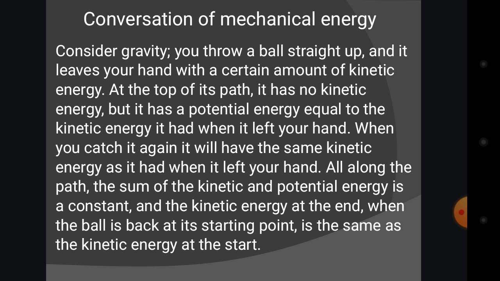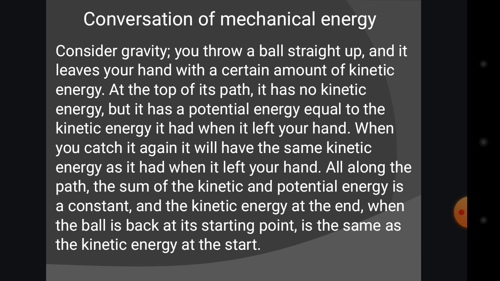At the top of its path, it has no kinetic energy, but it has a potential energy equal to the kinetic energy. So the potential energy has to be equal with the kinetic energy.